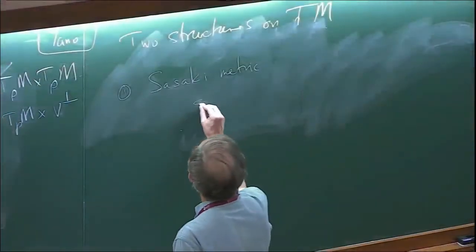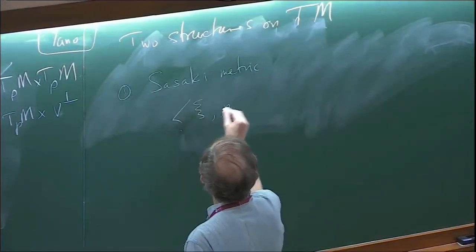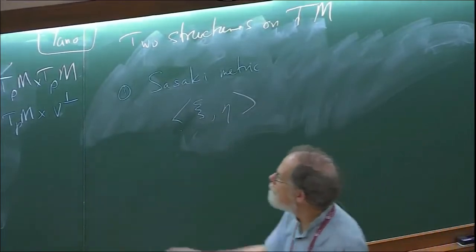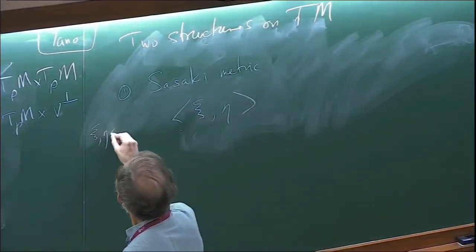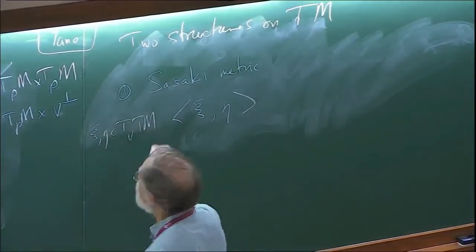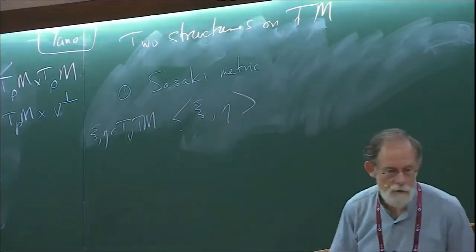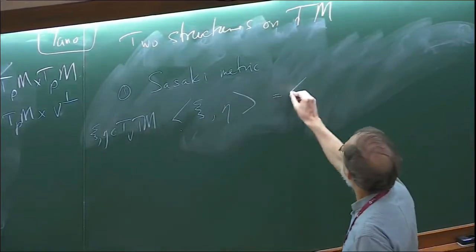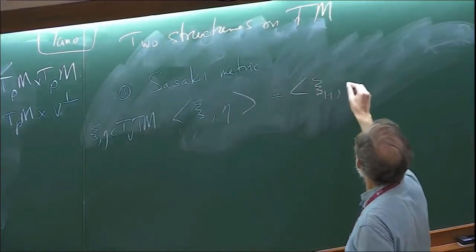So the Sasaki metric looks like this. I have two vectors, both based at the same point. These are tangent vectors to the tangent bundle. That's my effort at writing eta. And what you do is kind of the obvious thing.